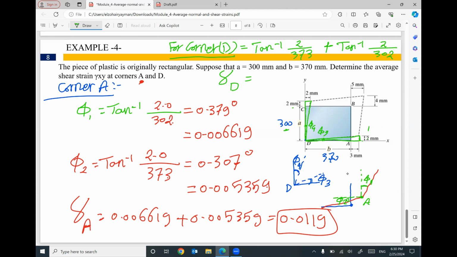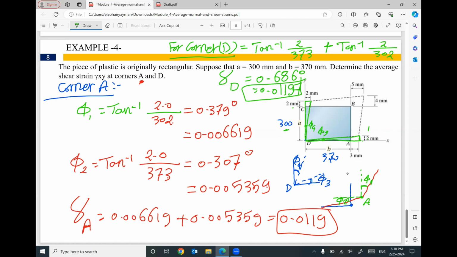So the total will be 0.686 degree. Then you can convert it to radian. It will be 0.01197. Does that make sense?